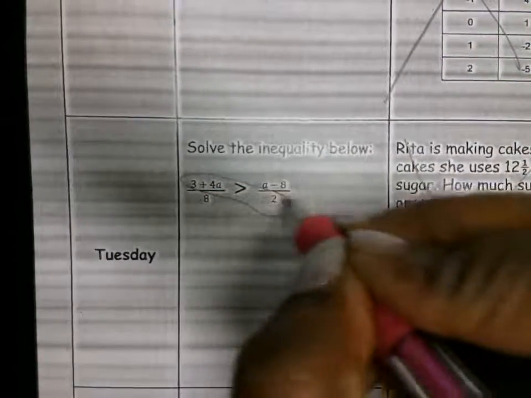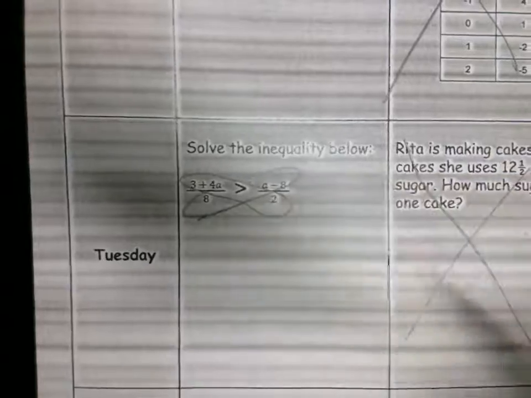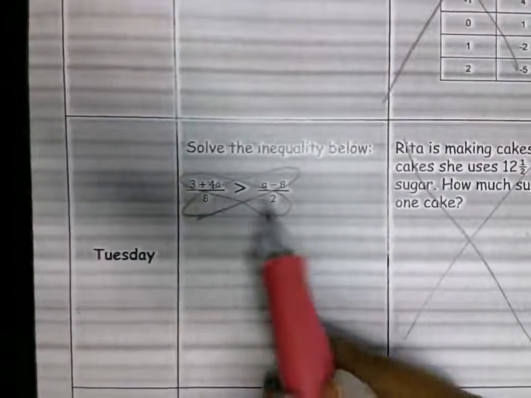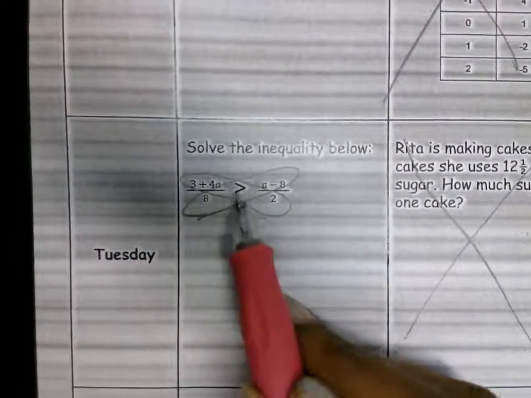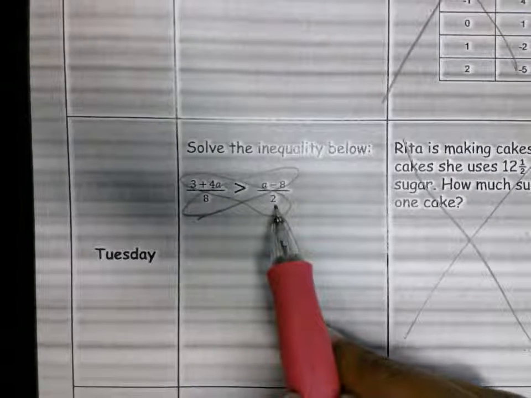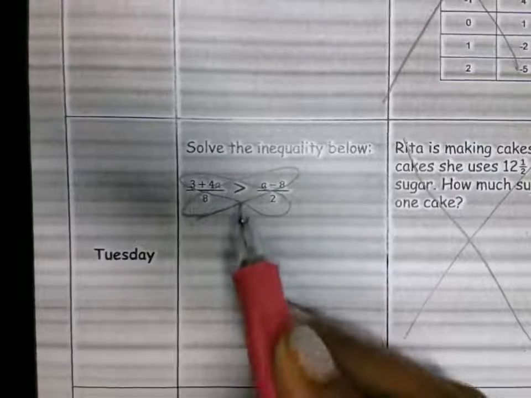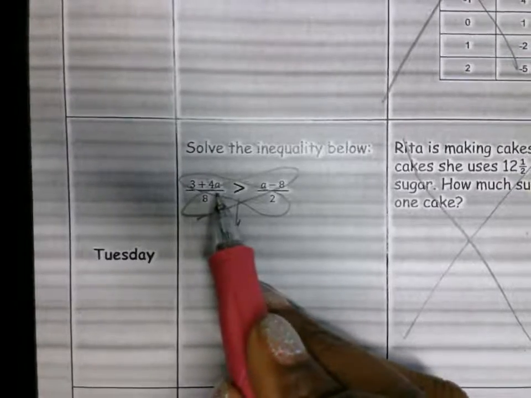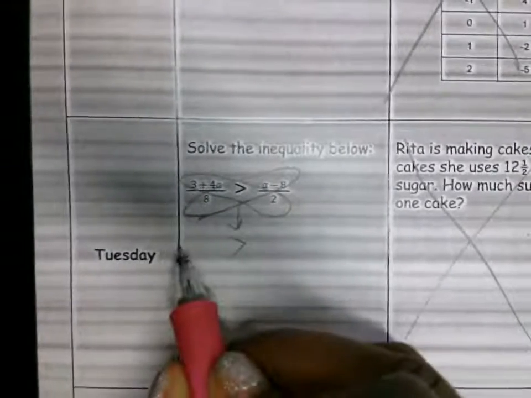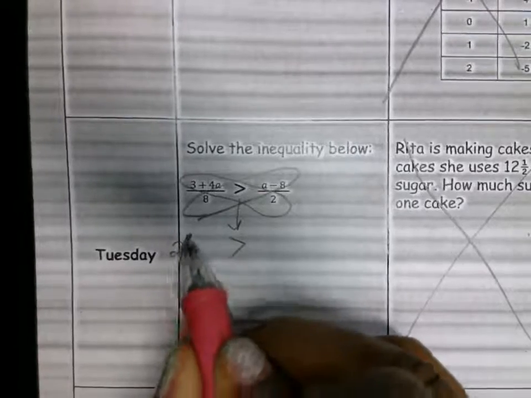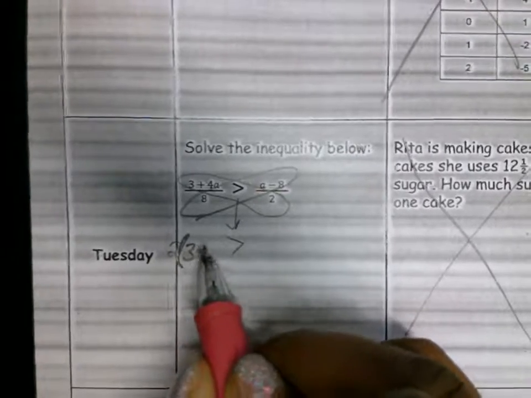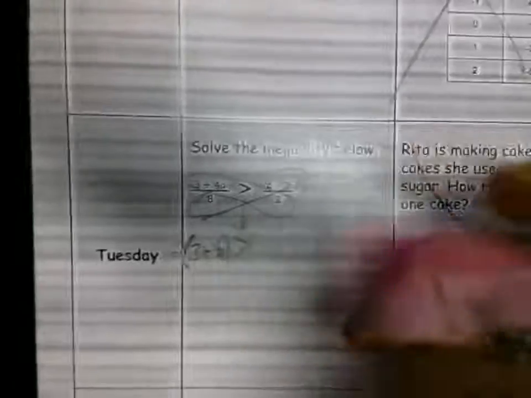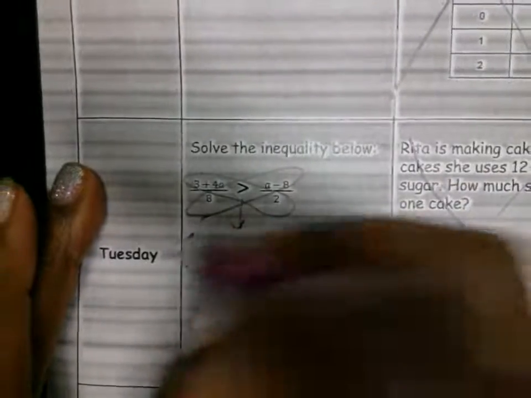So we're going to cross multiply. I'm going to do this way first because the mouth is open to this side. So we're going to multiply 2 times this expression. Bring the inequality down. The 3 plus 4a is on this side. So I'm going to say 2 times 3 plus 4a.